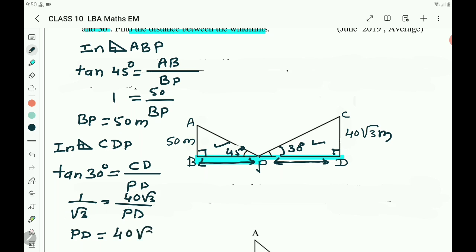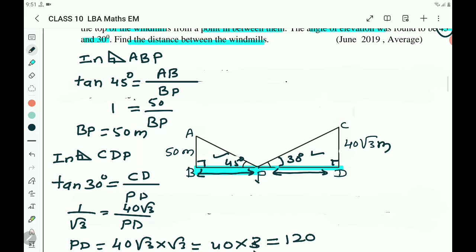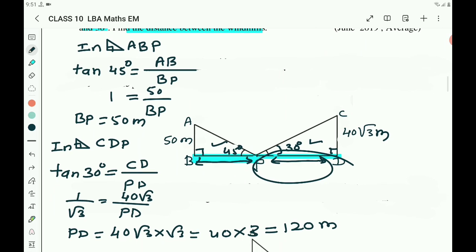That equals 40 into 3, that is 120. 120 meter. This is 120. This is 50. 120 plus 50 is 170 meter. The distance between the windmill is 170 meter.